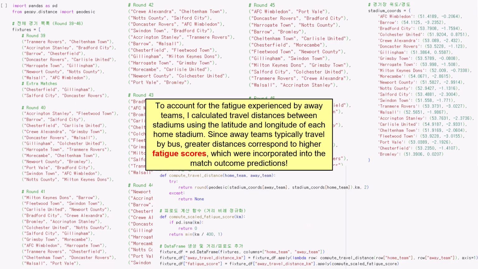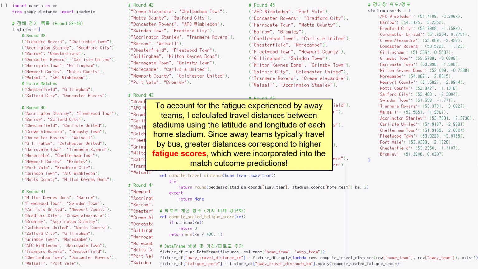And there's another real-world factor which impacts match performance, which is travel distance, especially for away teams. Since teams in this league mostly travel by bus, long distances can increase fatigue and reduce performance.